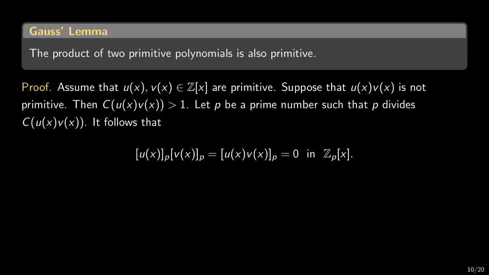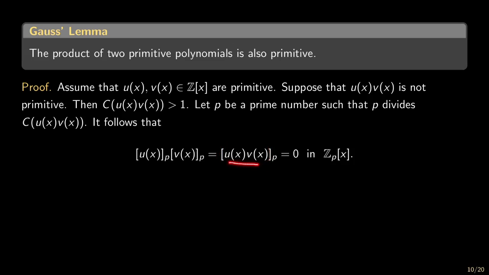It follows that the content of q of x... When you try to reduce u of x modulo p times the reduced form of v of x modulo p, because reduction modulo p is a ring homomorphism, the reduced form of the product is the product of the reduced forms, right?